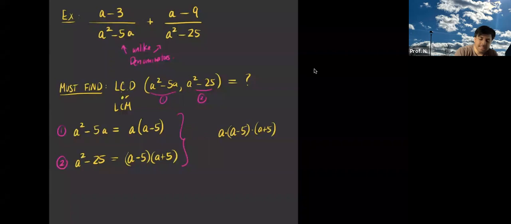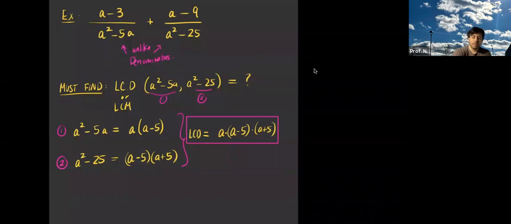Again, the LCD is not the same thing as the GCF. People confuse those two things a lot. The GCF between a squared minus 5a and a squared minus 25 would be the greatest common factor, which would just be a minus 5. We're not looking for the common factor. We're looking for the least common multiple of them both, which just means include everything that's not in the other one.